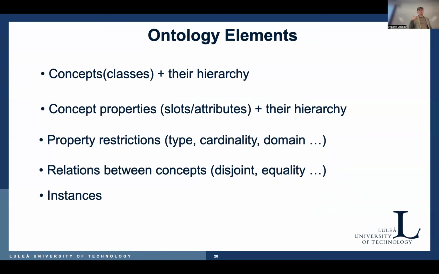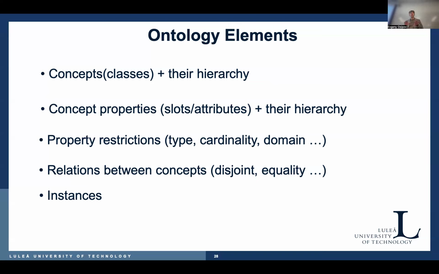Then again, if you think about the complexity of a particular domain, you obviously have restrictions. Some properties can take values in a certain range, for example, and such. Concepts, on the other hand, can be included in different relations with respect to each other.